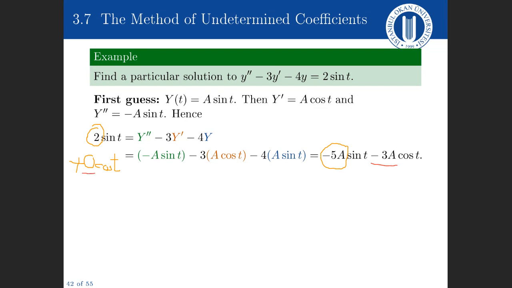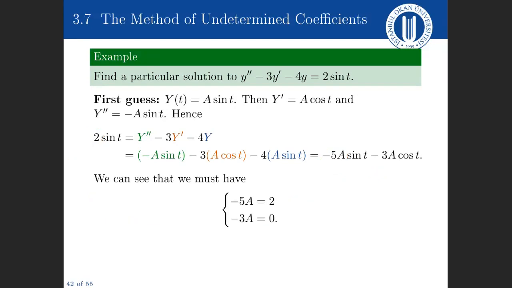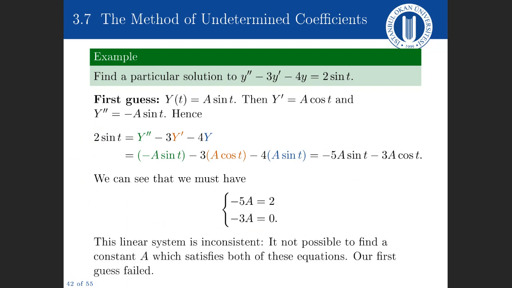So 0 and minus 3A must also be the same. And we can't solve this. This linear system is inconsistent. It's not possible to find a constant A which satisfies both of these equations. So our first guess has been a failure.